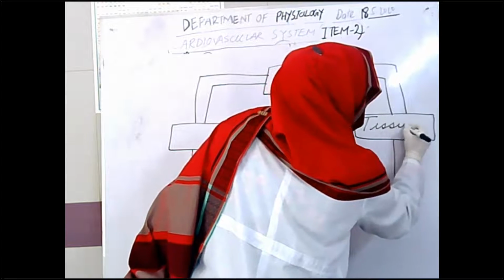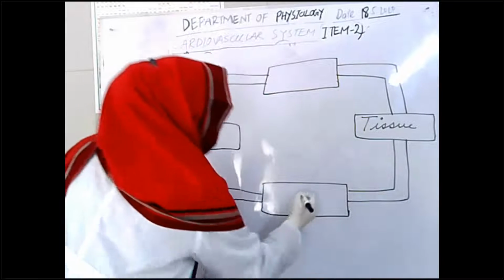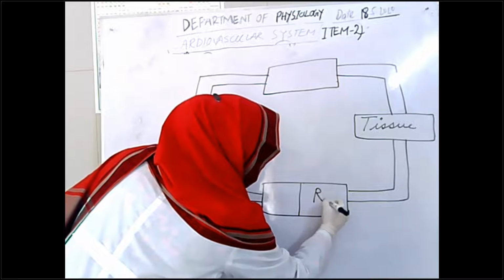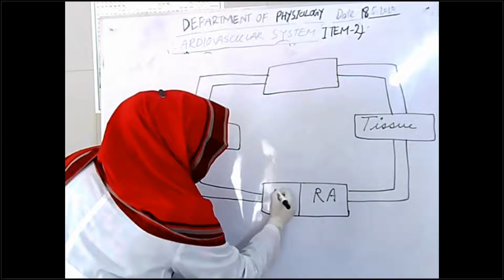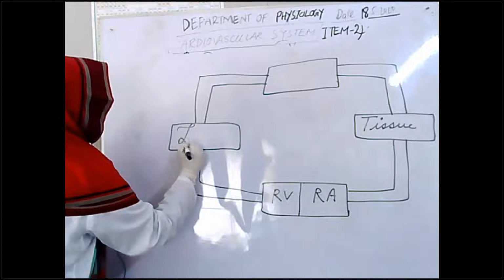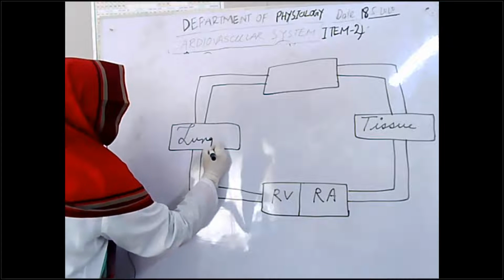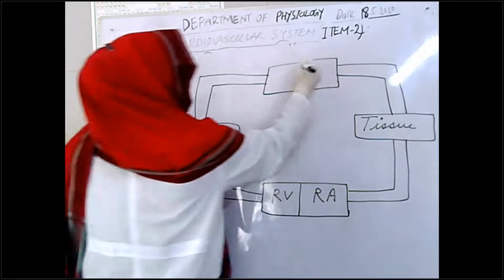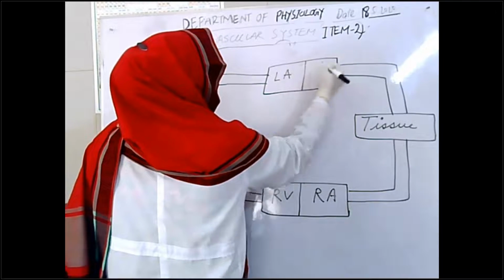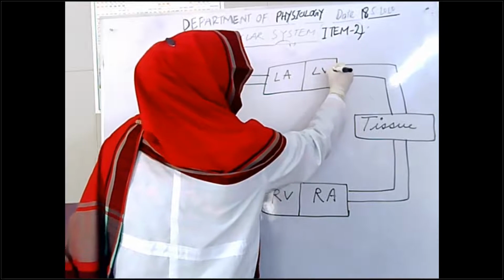This is tissue. Here, right atrium, right ventricle. This is lungs. Here, left atrium, left ventricle.